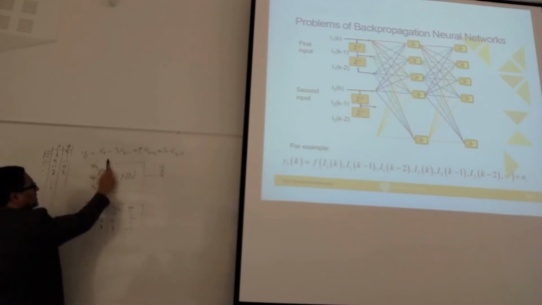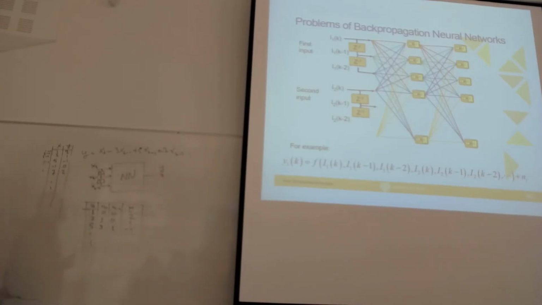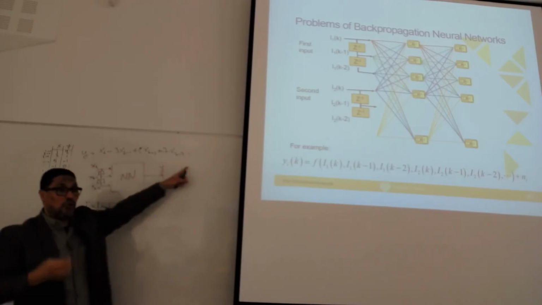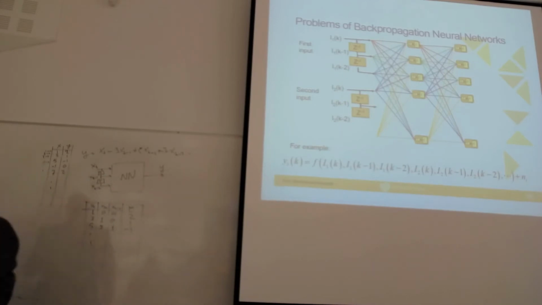If this is a countable number of dependences, this will work fine. It works fine if it depends on a finite number of history points. For example, here I need four inputs for the history. We might need 5. The problem is that we don't know how many history points we need. This is unknown because we have only this table of inputs and outputs.